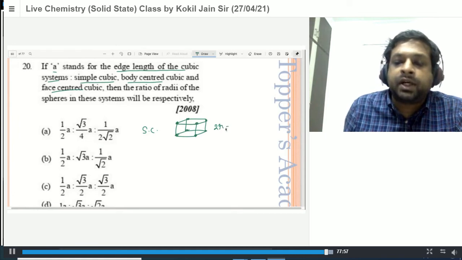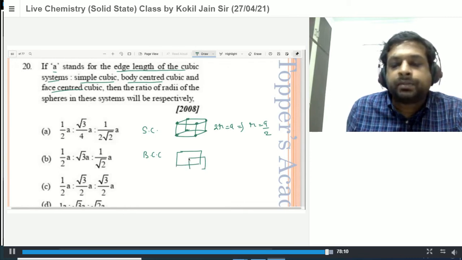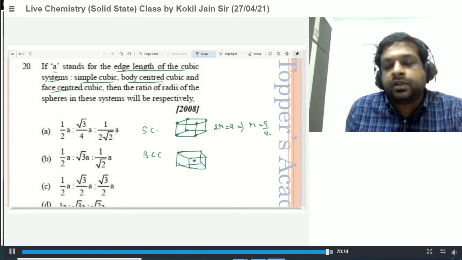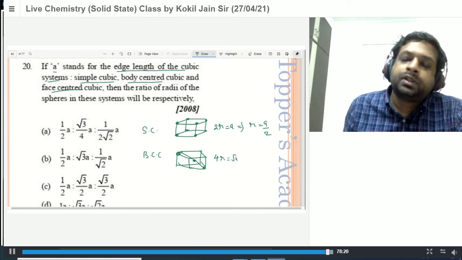That means r is equal to a by 2. If it is a body centered cubic lattice, the atoms are present at the body center, and across the body diagonal we are going to count. So 4r is equal to root 3 a, so r would be root 3 a by 4.